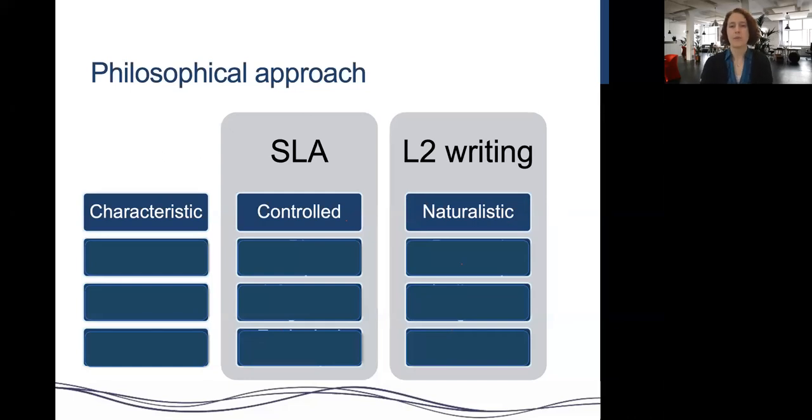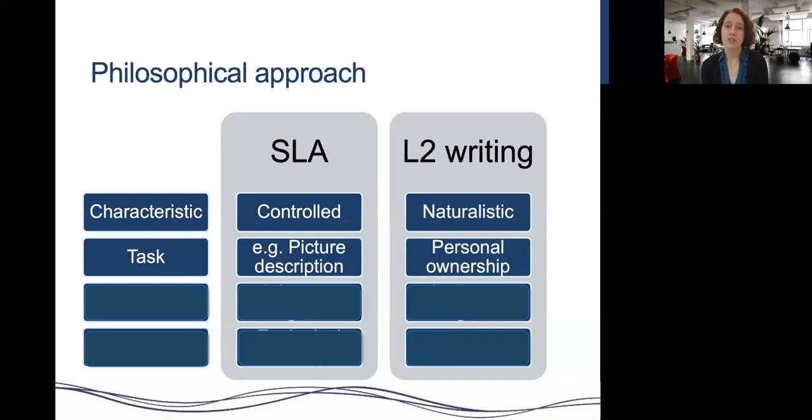Well, what does that mean? Well, for example, when the tasks are selected for learners in order to gather data, in the SLA approach, we'll find more commonly perhaps picture description tasks where the learners have a few pictures and they need to write a story using those pictures. Or they need to do a translation task.